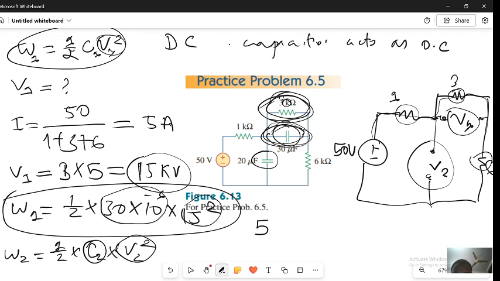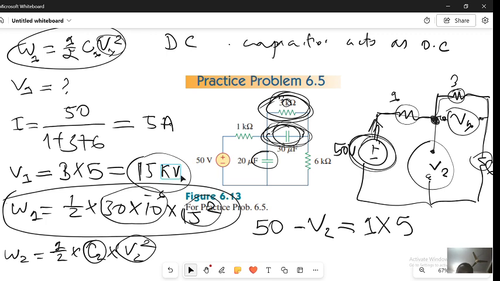I will have 50 minus, because the current will flow from here up to this. V2 is this potential here. Minus V2 is going to be equal 1 multiplied by 15 multiplied by 5, the current. 50, we can say the potential at this point, the high potential, since the current will start flowing from here, minus the potential at this point, this way it is V2, because this is the ground 0.